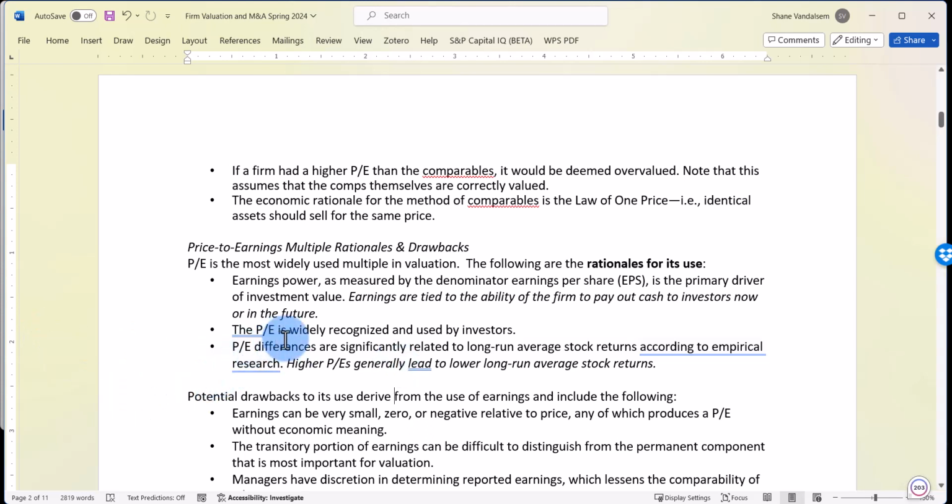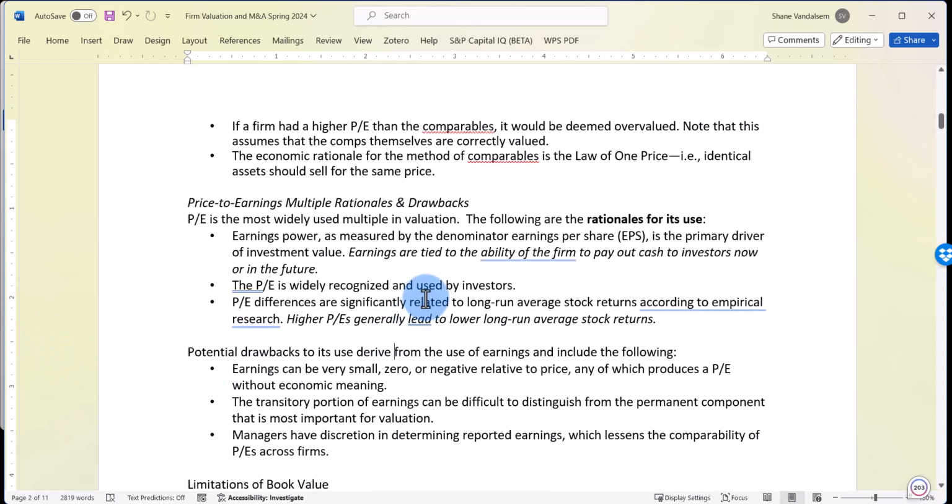So some potential drawbacks to the use of PE ratios include that the earnings can be very small, zero or negative relative to price, and any of those produce a price to earnings ratio without economic meaning.